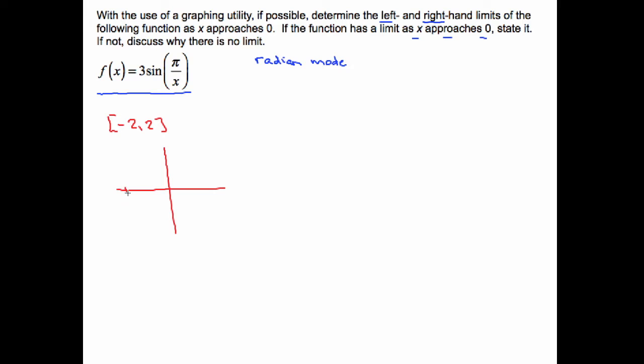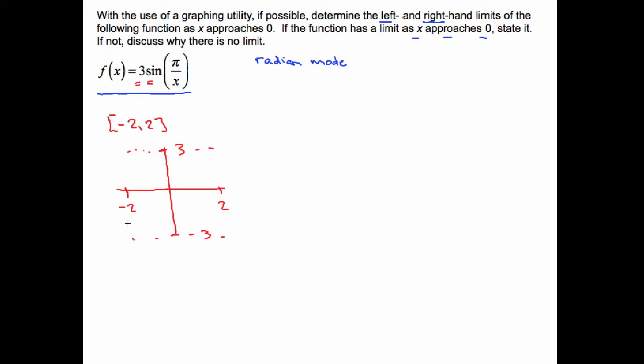When we do, we can allow the calculator to set the range, and the range would be from -3 to 3, because we know sine is bounded from -1 to 1, and if you multiply it by 3, it is bounded from -3 to 3. But the graph you end up getting shows some oscillation as I near 0.